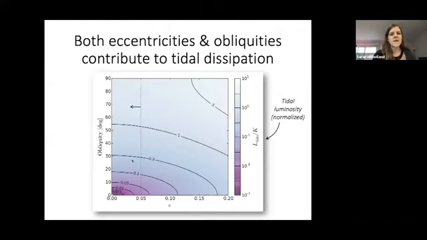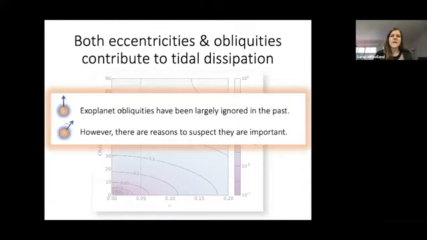In this regime, where eccentricities are small, obliquity tides can have a several orders of magnitude stronger effect than eccentricity tides, if we account for a non-zero planetary obliquity. However, these obliquities have been largely ignored in the field of exoplanets thus far, not entirely ignored, but largely.